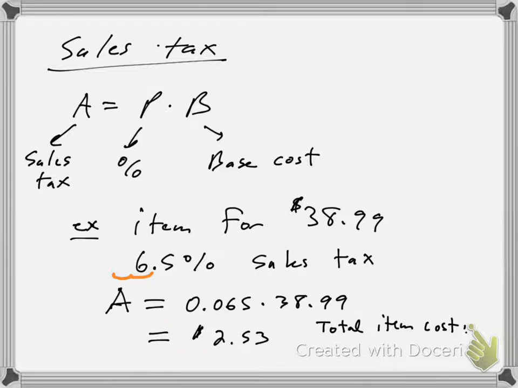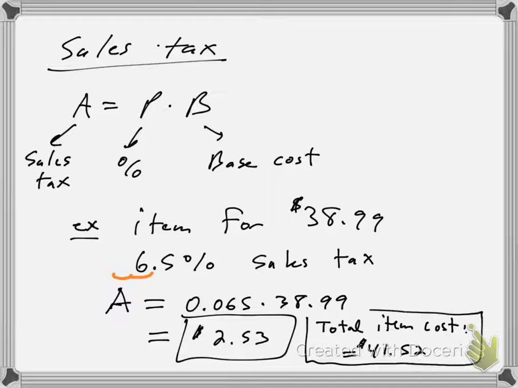So that's $41.52. That's what they're actually going to charge me at the cash register. But if they ask me for the sales tax, that would be the sales tax. If they ask me for the total cost of the item, then I would say this is my total item cost. Okay? So that's pretty easy.